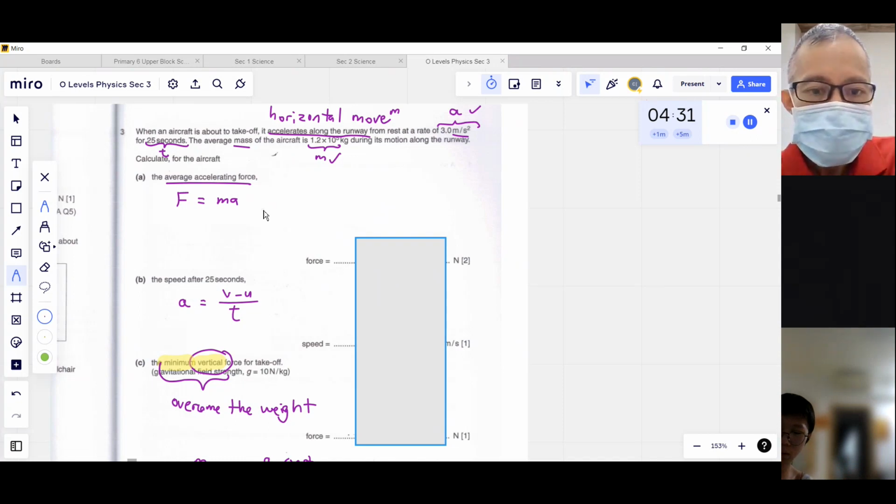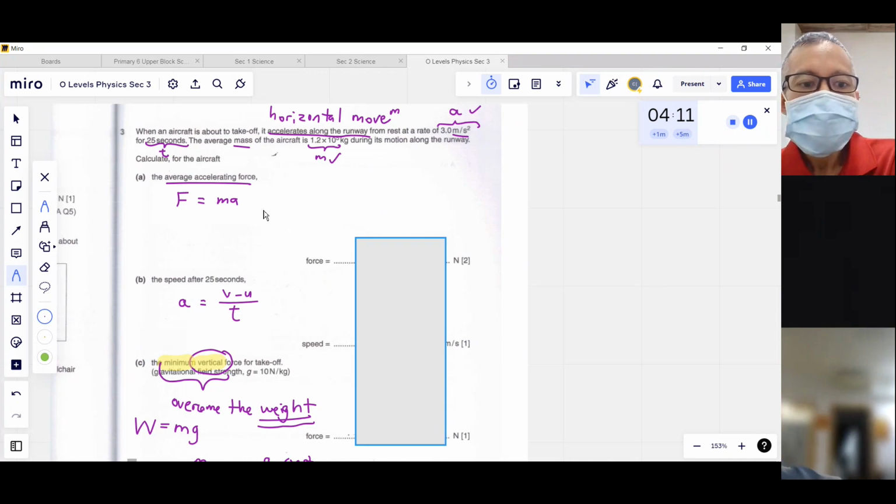So your job is to calculate the weight of the aeroplane. Remember the formula? Devon, just now I mentioned the weight formula, right? Use that one. Jingjie, I think you were not here in the classroom. So essentially, you need to use this formula to calculate the weight of the aeroplane. Again, make sure you remember this, and make sure you remember the value for G.